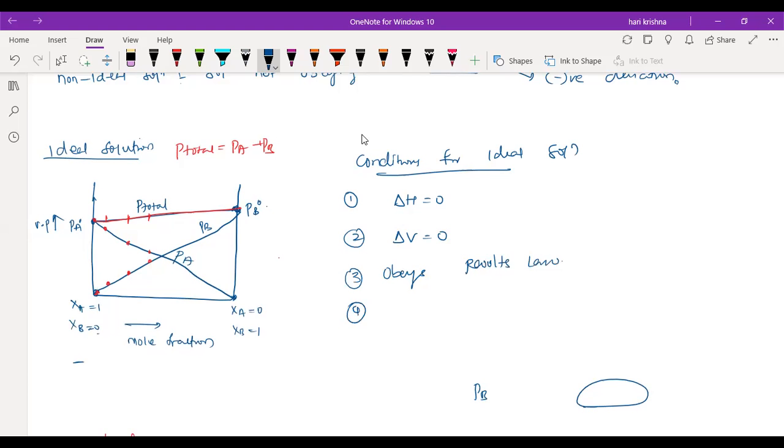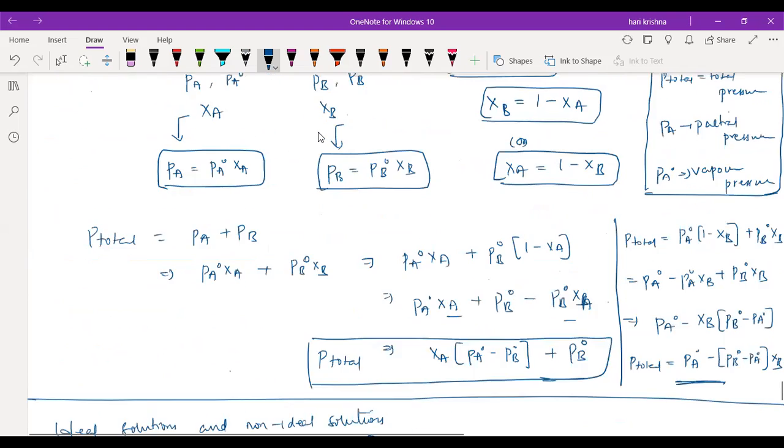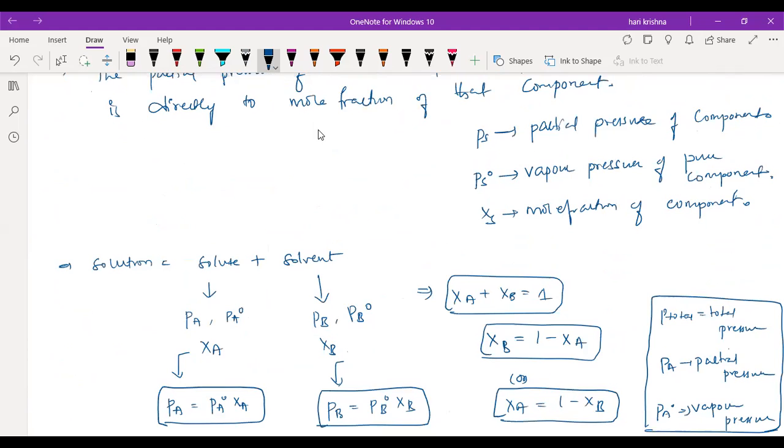Next, I said one thing here. If you take solute plus solvent, it will form the solution, right? That means if you take solute as A A and solvent as B B, then what will be the solution? AB. Good.